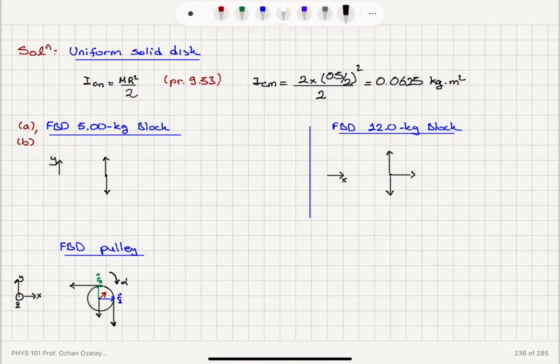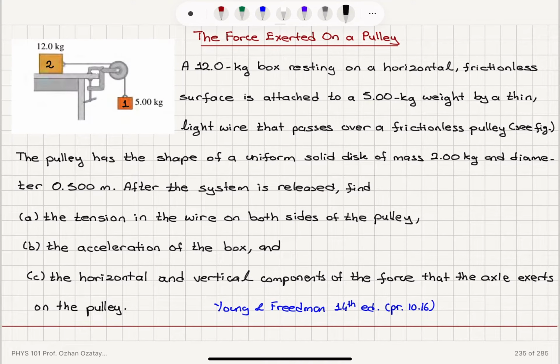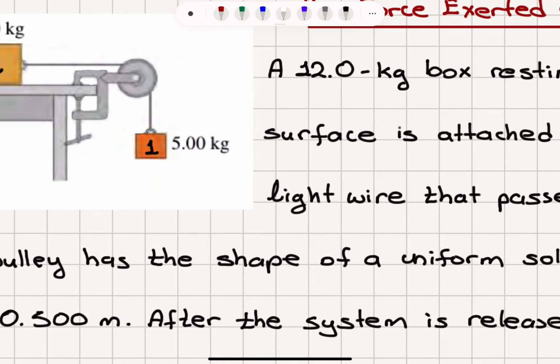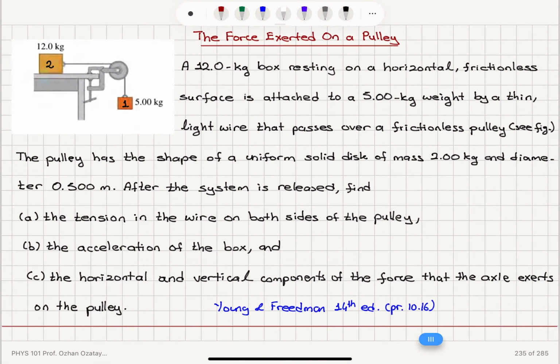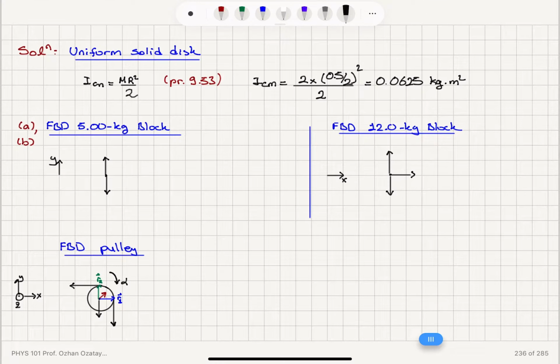Now let's concentrate for part A and part B, free body diagram of the 5 kilogram block. So that's this block here. On this block, we have the tension on this wire and the weight pointing down. So we can put here T1, the tension in the first wire, and M1G, the weight of the block.